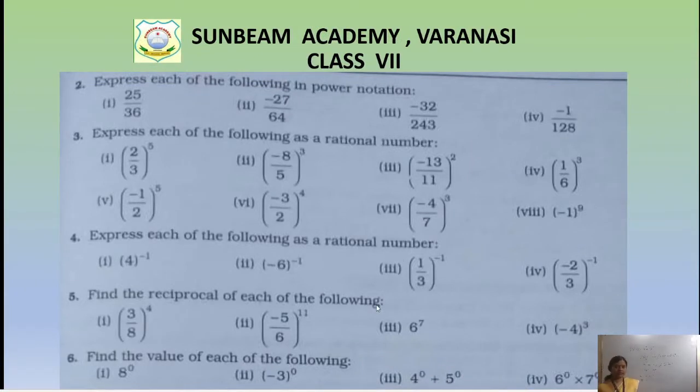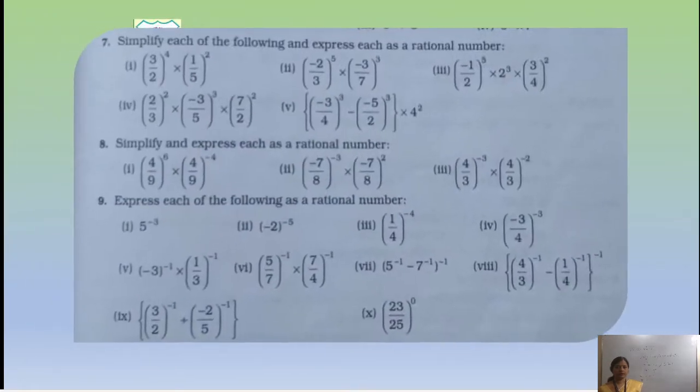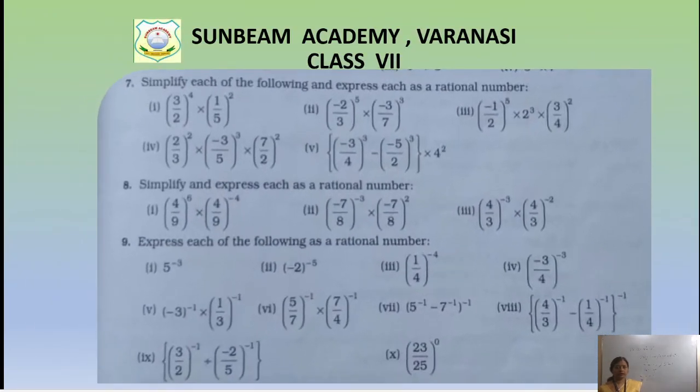Now let's see the next question. Question number 7, children. Simplify each of the following and express as a rational number. Okay, so let's start this. I am writing question number 7 first part. Let me do it fast.